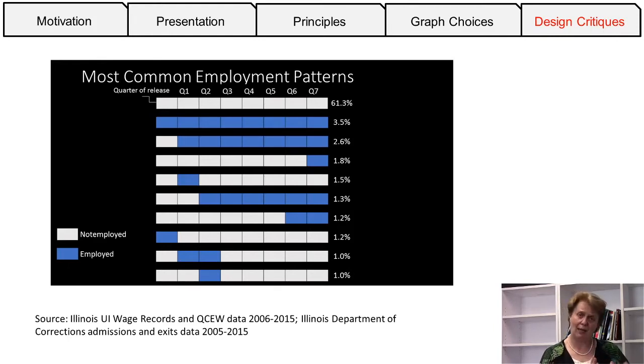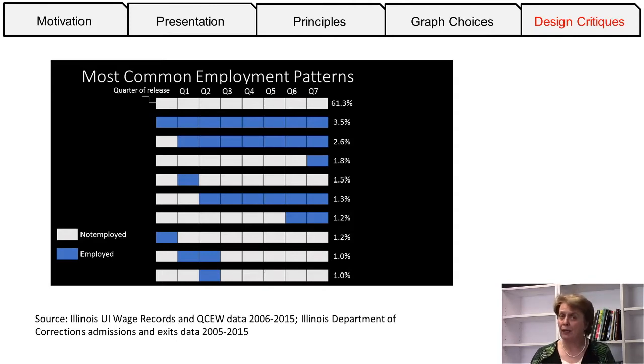And this picture I love, because what they were able to do, instead of saying employment 0/1, was to say, let's look at ex-offenders in the quarter of release and then see, were they employed in any of the 8 subsequent quarters. And that picture summarizes it beautifully, because the white represents not employed, the blue represents employed, and you see at an immediate glance that the most common employment pattern of an ex-offender is that they never have a job in the 8 quarters afterwards.